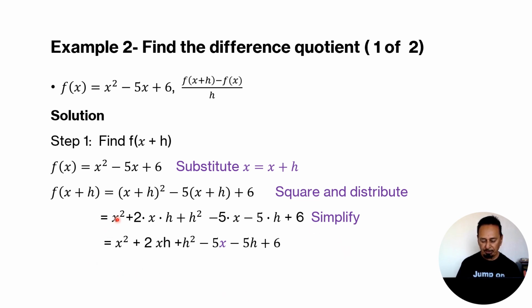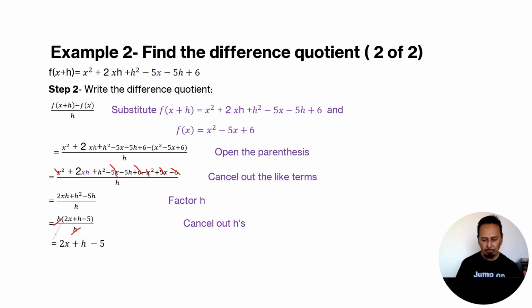So now we simplify, where x squared stays x squared. This becomes 2xh plus h squared minus 5x minus 5h plus 6. So we have found f of x plus h equals x squared plus 2xh plus h squared minus 5x minus 5h plus 6.